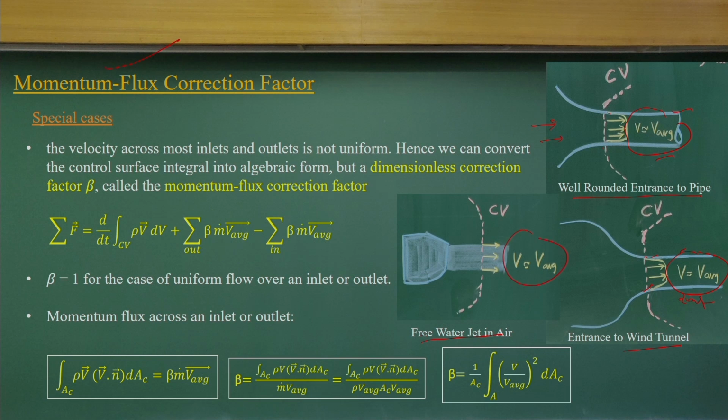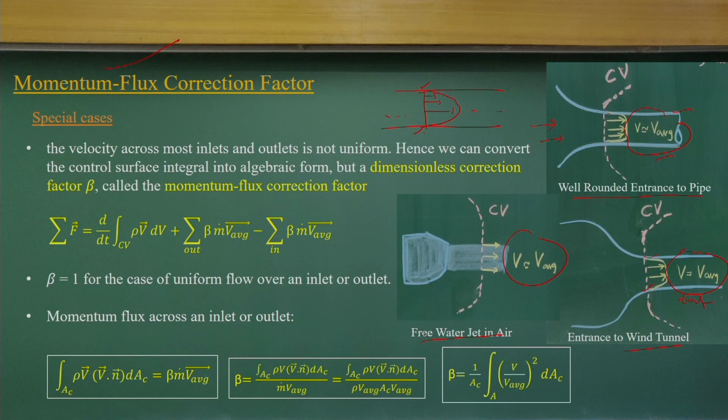If not, take the laminar pipe flow. As you know, the velocity will not be 0 at the pipe contact locations; the maximum velocity will be at the centroid, so there will be a parabolic distribution of velocity.